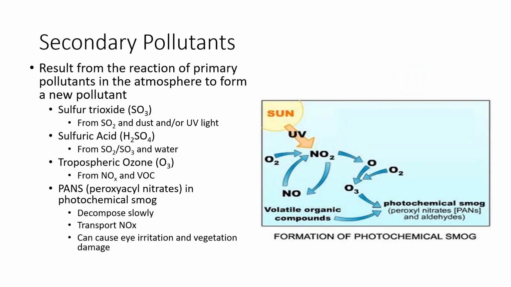On the other hand, you have secondary air pollutants, which are pollutants that come from primary air pollutants that have reacted in the atmosphere with other molecules, whether it be oxygen or water vapor or whatever it may be. These pollutants come after the initial emission.